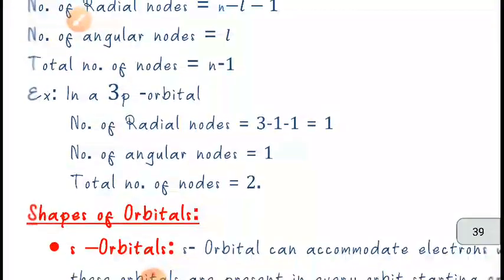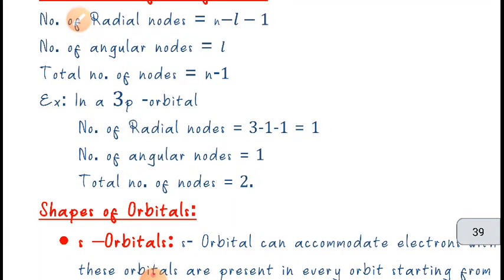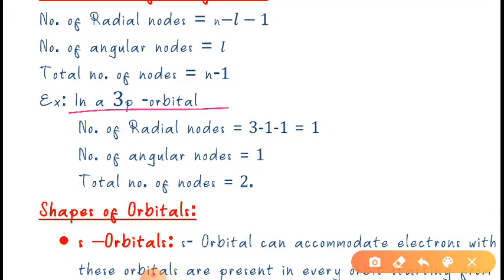Suppose we have to find the nodes for the 3p orbital. When we talk about 3p, n is 3, and l will be what? In the previous class we learned that if n is 3, then l can be 0, 1 or 2, that is 3s, 3p or 3d.